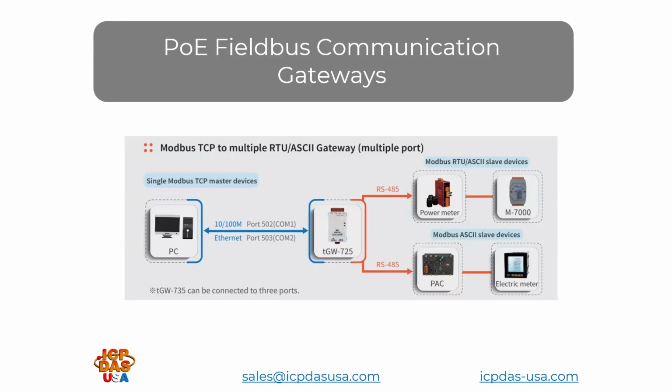With the TGW 725, it's got two COM ports, so it can communicate to two separate RS-485 runs of Modbus RTU or Modbus ASCII slave devices, and bring the data back to the master device. In this case, it's shown as a PC, but it can also easily be a PLC or HMI.